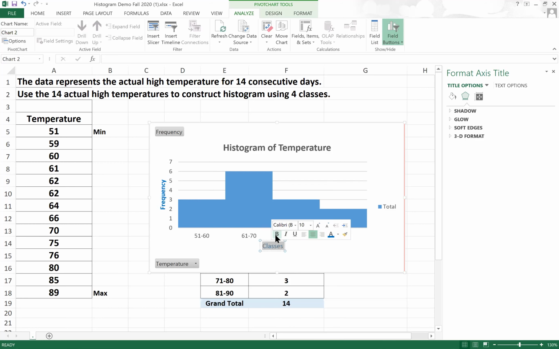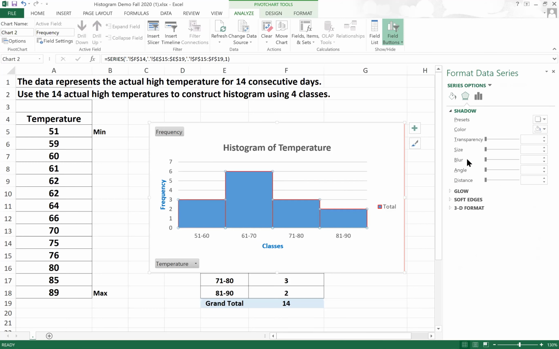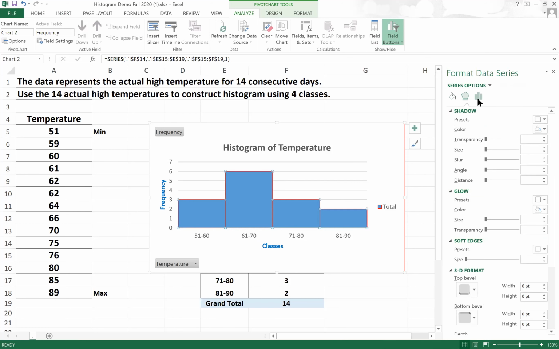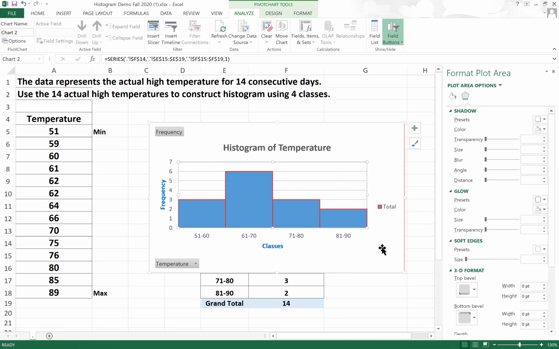And we still didn't get rid of that issue yet. So let me show you fill, borders, transparencies, shadows, glow. Here you go.